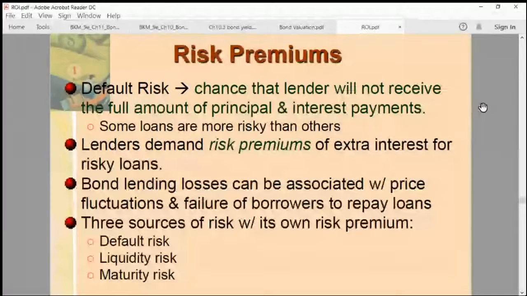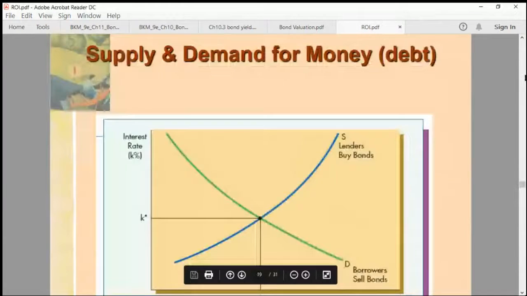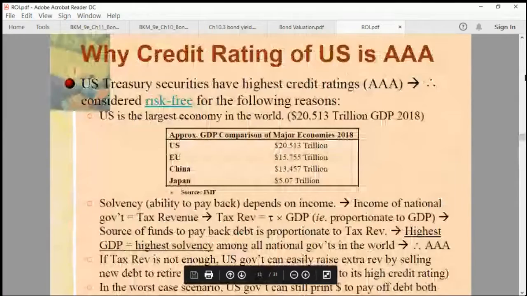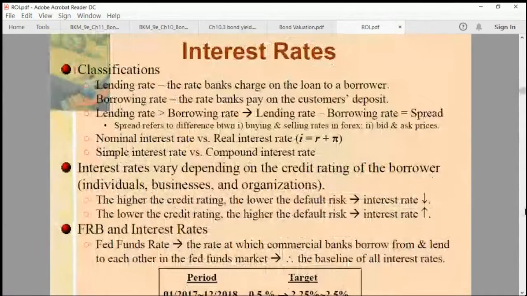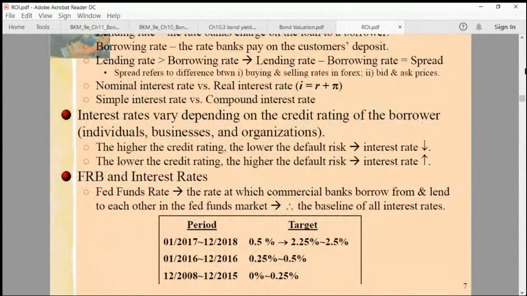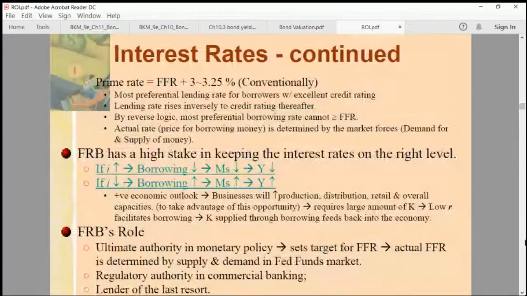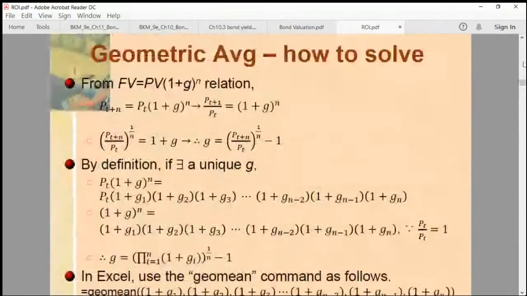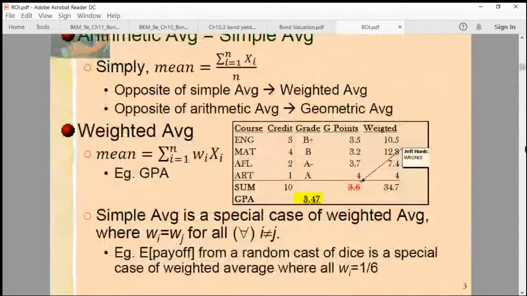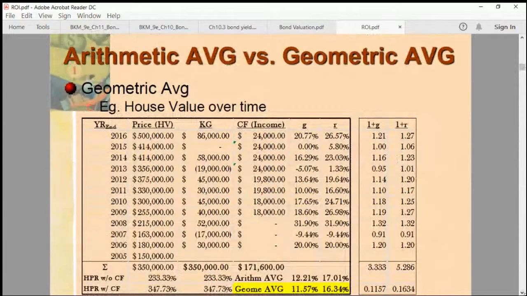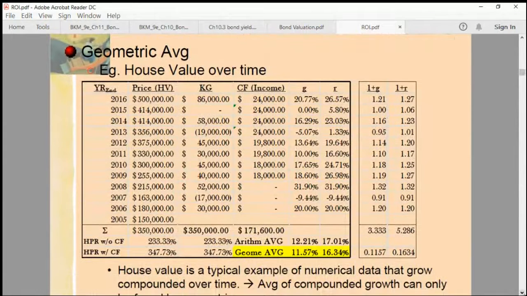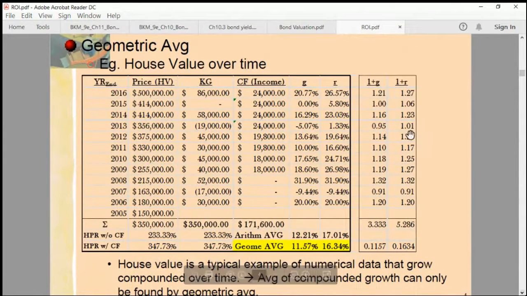Our first topic in Finance 100 was geometric average, and the first example I used was house value.